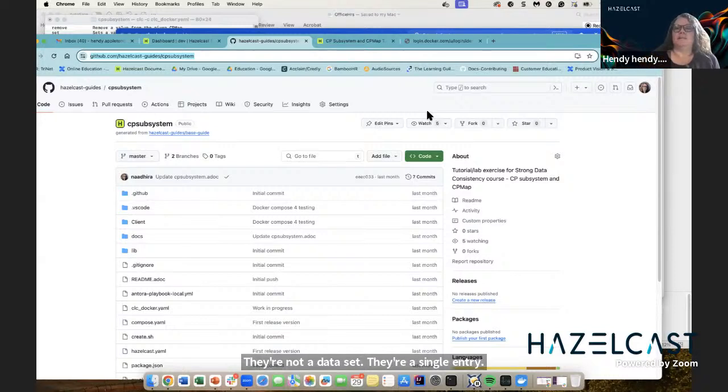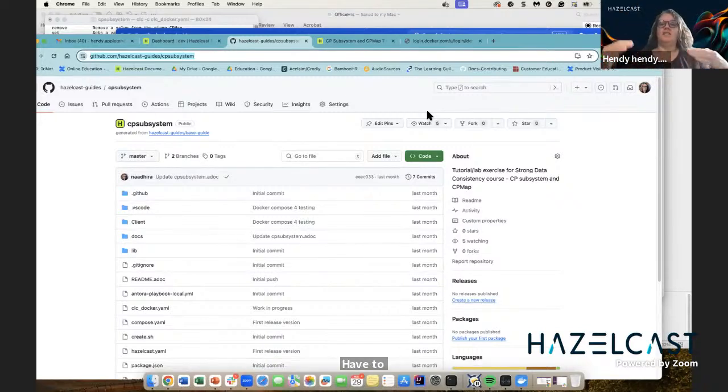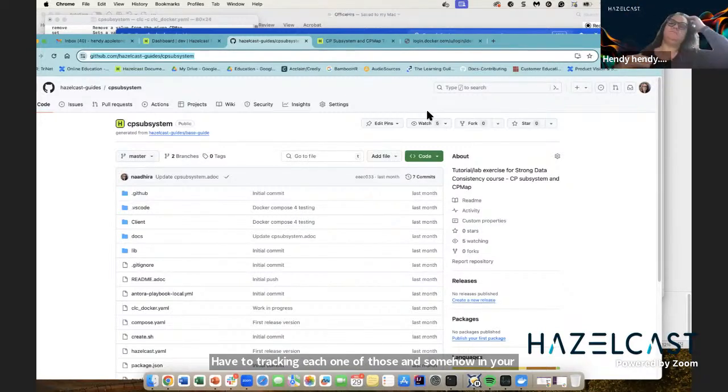So if you're a financial institution and you are using an IMap to track transactions, you want to have more than just one piece of data in that field. You want the customer, the transaction number, and several different fields. You would have to use a separate AtomicReference for each one of those fields, and then somehow align those in your code so that they're all together.